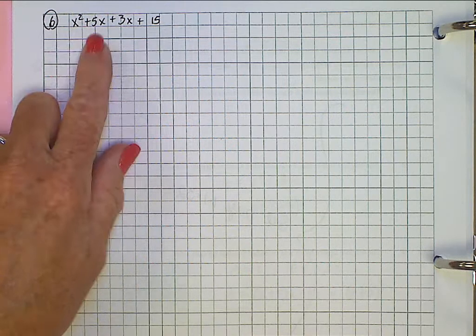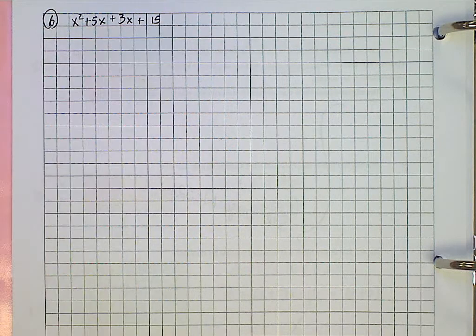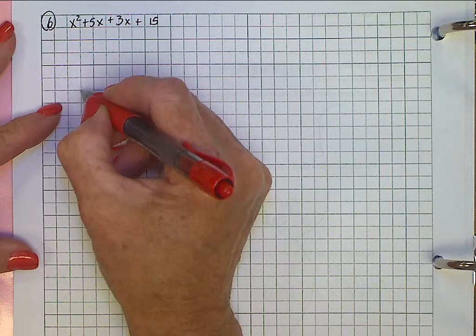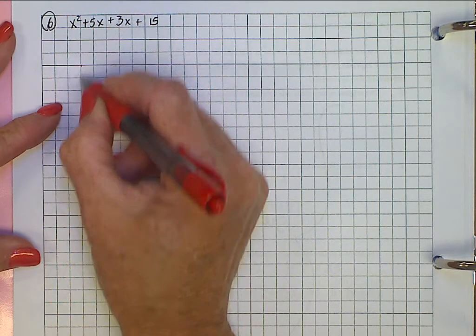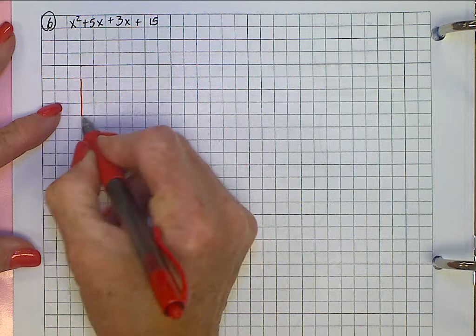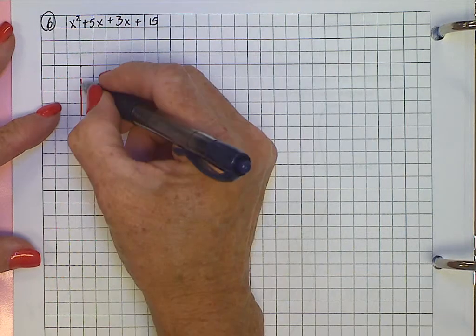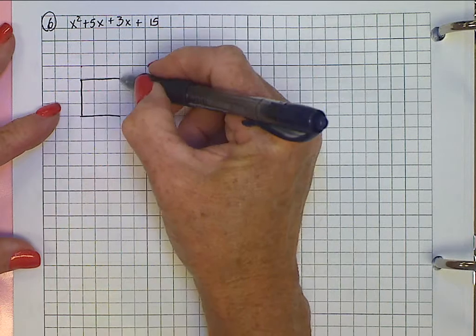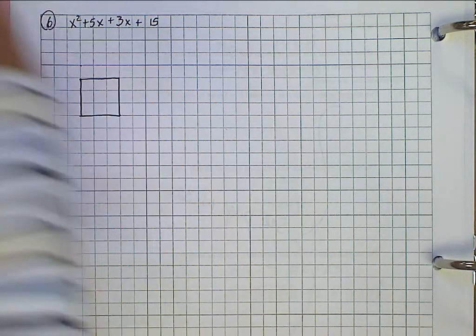The 5x and the 3x tell us how many strips are added on to each side. I'm going to start maybe here. There's my original x squared block.